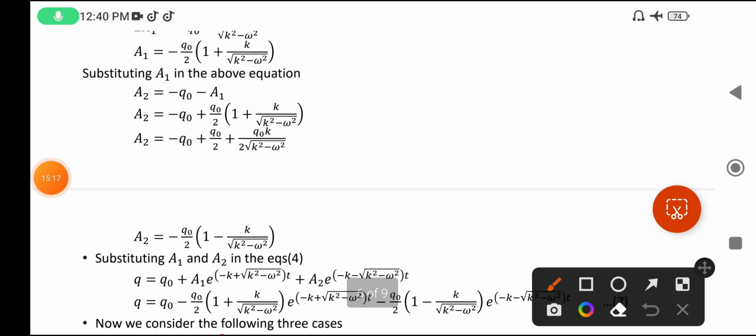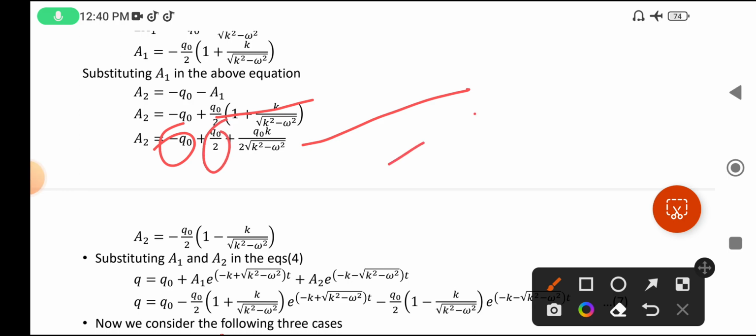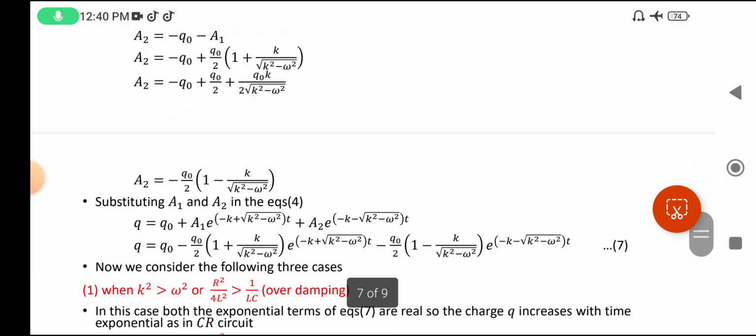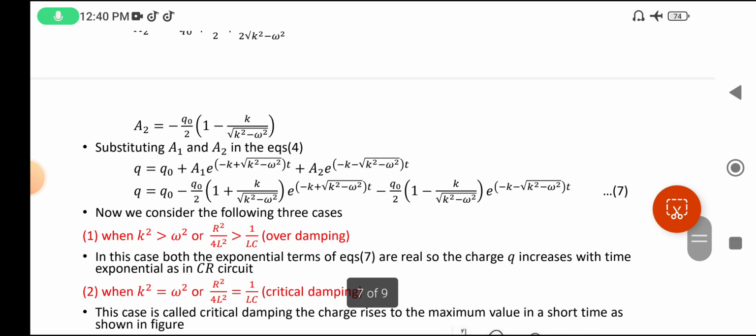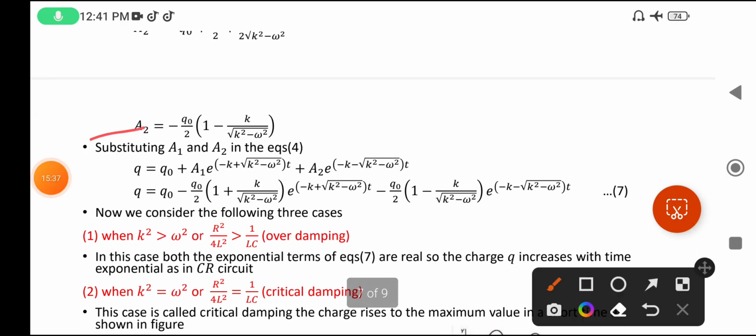Now multiply the q naught by 2 inside, so we get this, and here minus q naught plus q naught by 2 becomes minus q naught by 2. Take out the common factor, so you can get this one. One step is decreased.